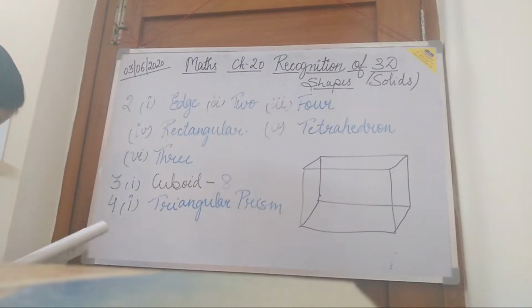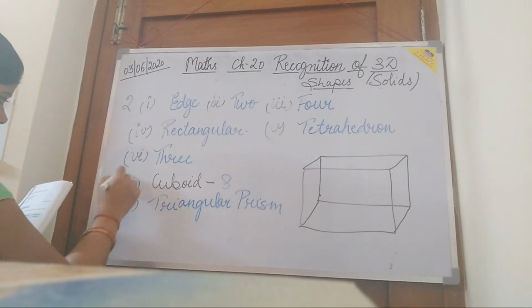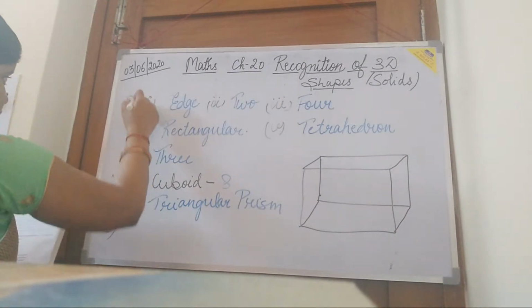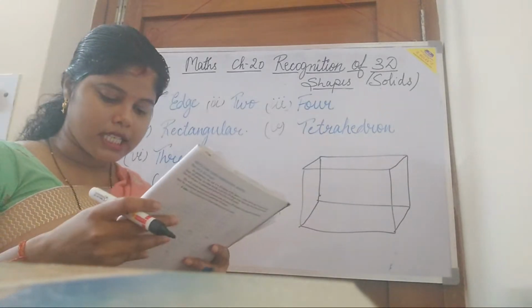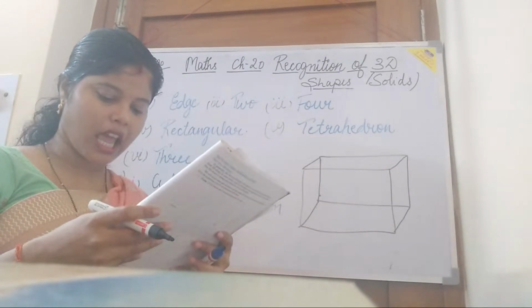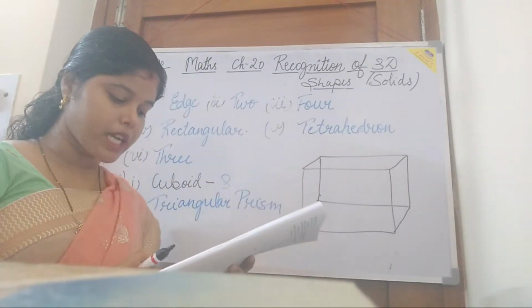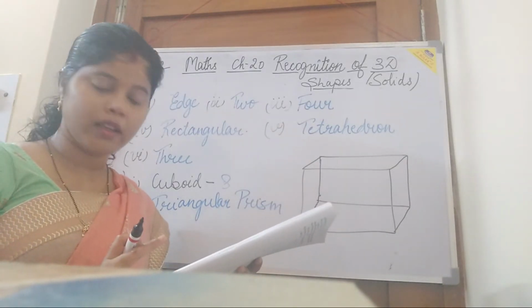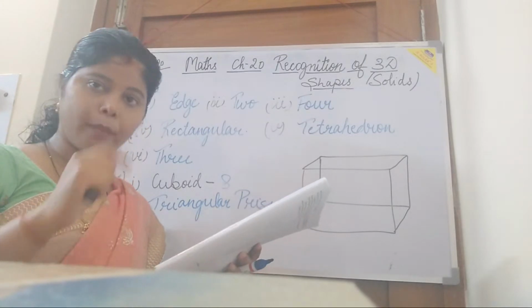And question number 5th. In which of the following solids is none of the faces triangular? The option triangular prism has triangular faces, top and bottom.